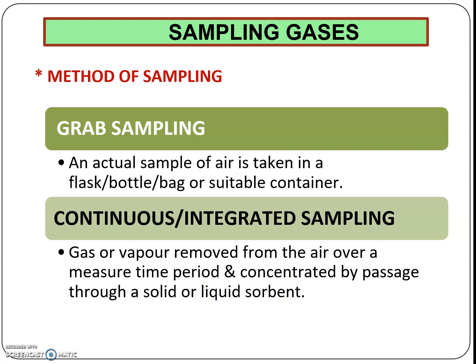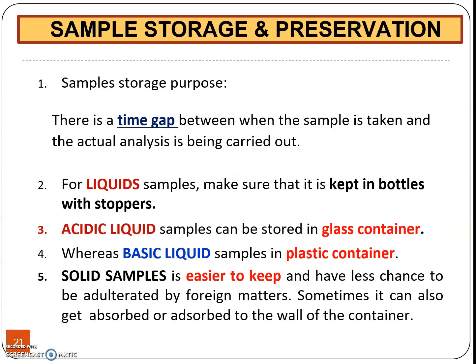Contohnya kita nak ambil sampel air untuk nak tahu quality of air, jerebu contohnya. So there is certain time lah kita dah set. Okay. So solvent tu gas tu akan pass through the solvent, and then we can analyze the sample gas.